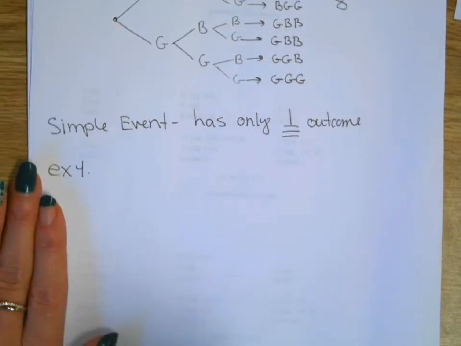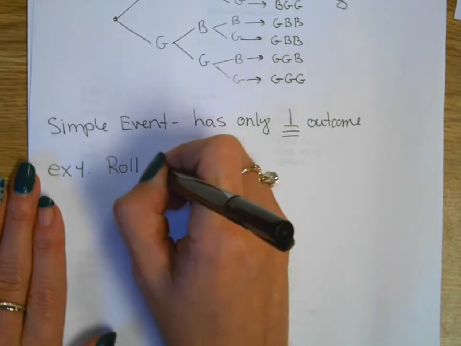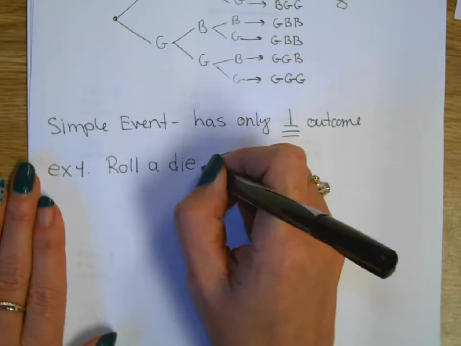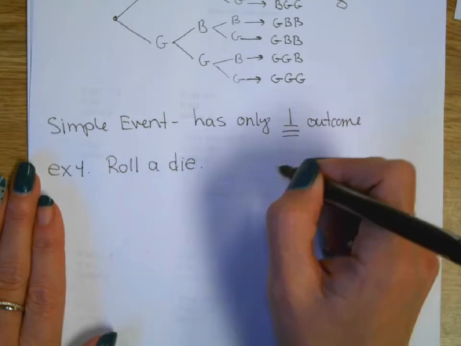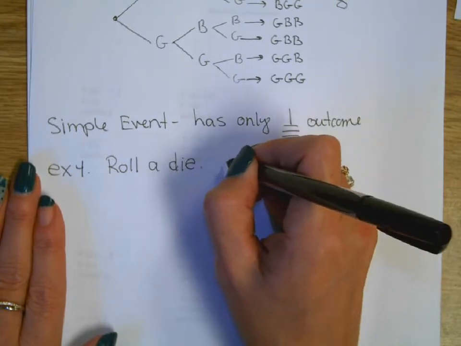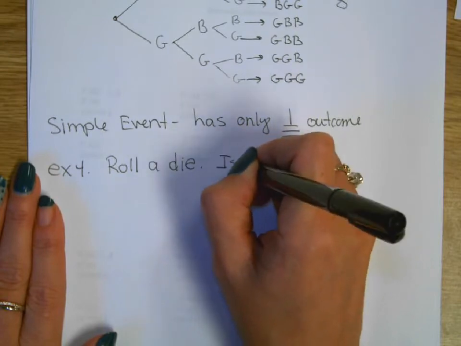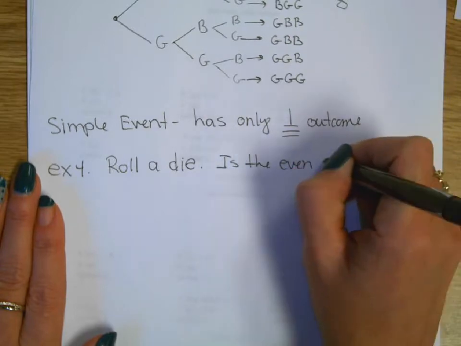It'll become clear in my example. So we're going to roll a die, a regular 6-sided die. And I'm going to name some events that I could possibly ask probability questions for. And all I want you to be able to do is tell me, is the event I name simple or not? So, is the event simple?